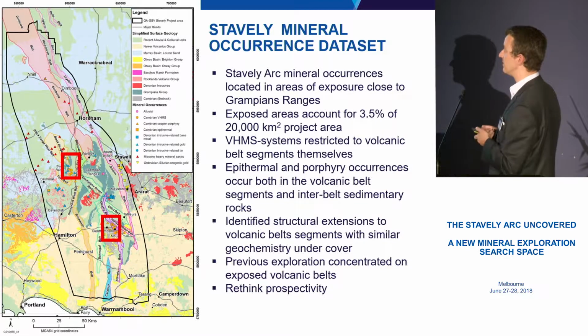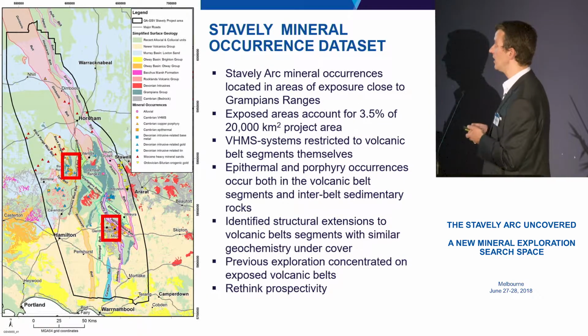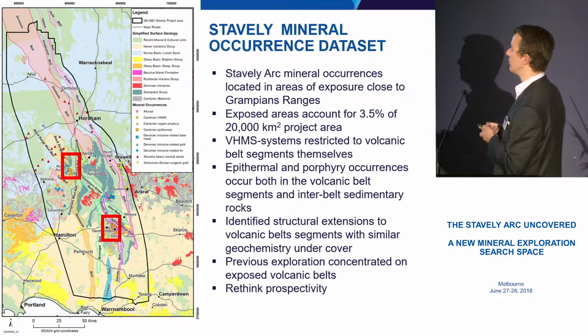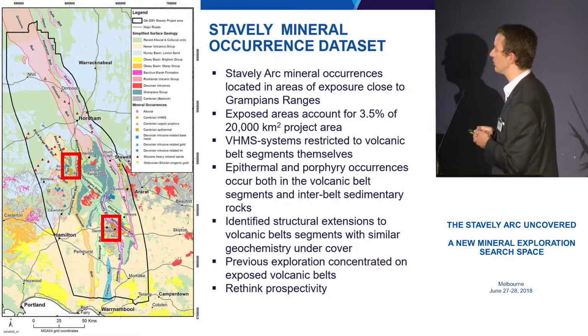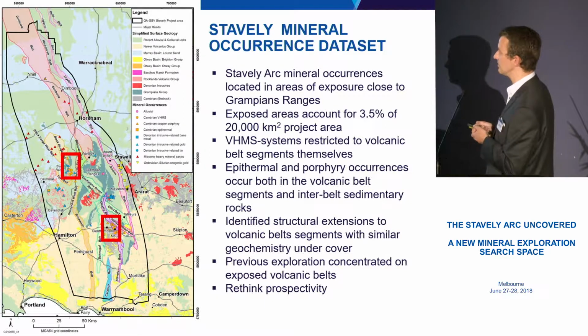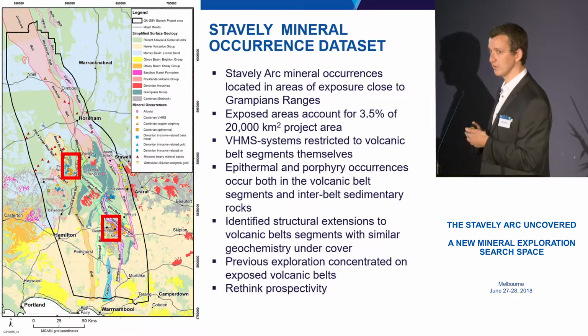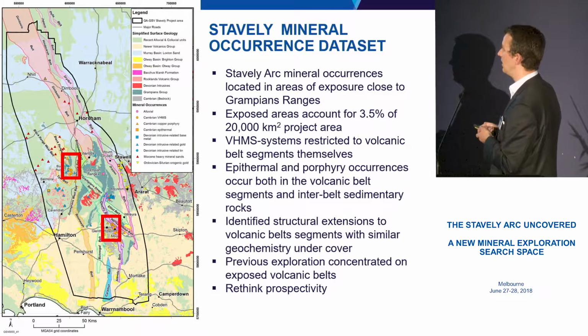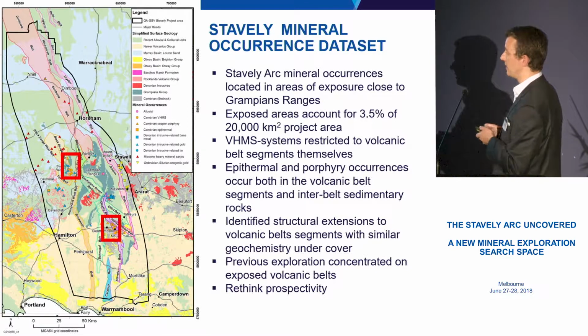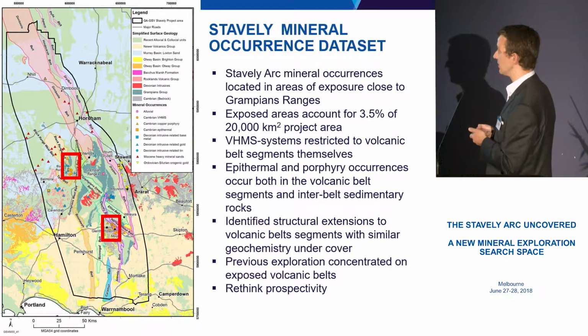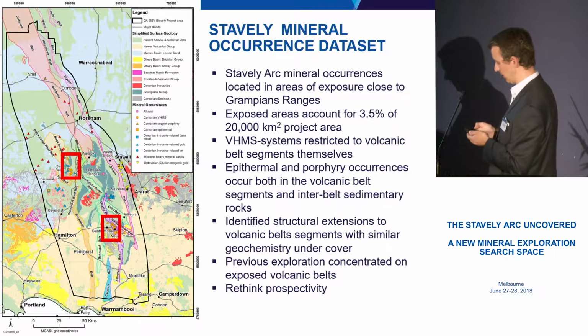We're going to predict that VMS systems are restricted to the volcanic belts themselves or close to them. And we're going to see that epithermal and porphyry occurrences occur both in the volcanic belt segments and interbelt sedimentary rocks. And because we can identify structural and geochemical extensions to those belts under cover, there's obviously a lot of prospectivity to be had when you go beyond the limits of the Cambrian exposure. So we need to rethink the prospectivity.